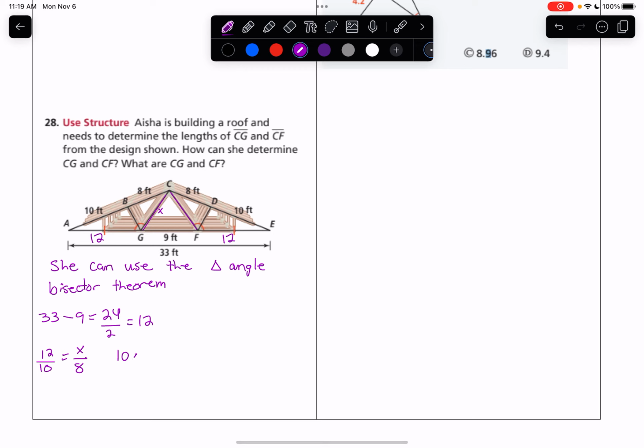We got 10x equals 12 times 8 is 96. Divide both sides by 10, and we get x equals 9.6. So CG equals CF, which equals 9.6 units, 9.6 feet.